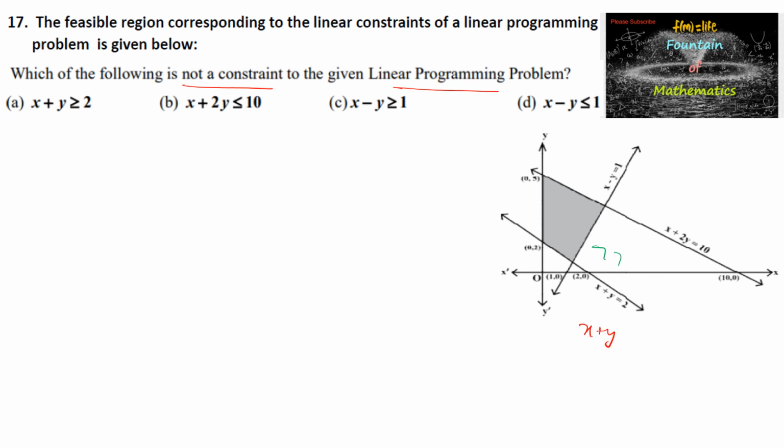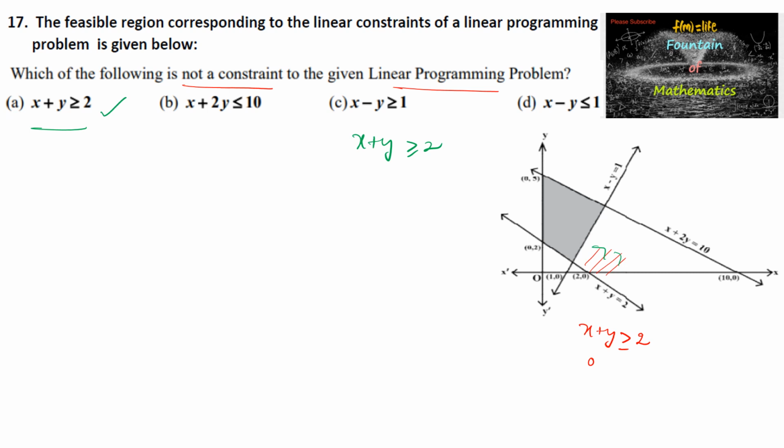By substituting the origin, 0 + 0 is 0, and the inequality is towards away from the origin, which means 0 should not satisfy, so x + y should be greater than or equal to 2. So the solution inequality can be considered as x + y ≥ 2, which is the first option. So it is a constraint of the given LPP.